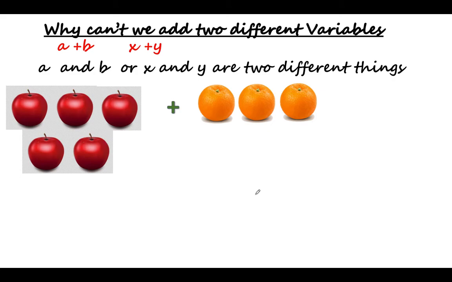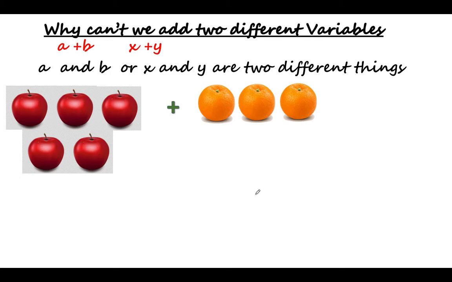Can you say you have 8 apples, or can you say you have 8 oranges? Similarly, I cannot say that if I have a variable a and a variable b, which may be apples, boys, oranges, or girls, I can group those things together.